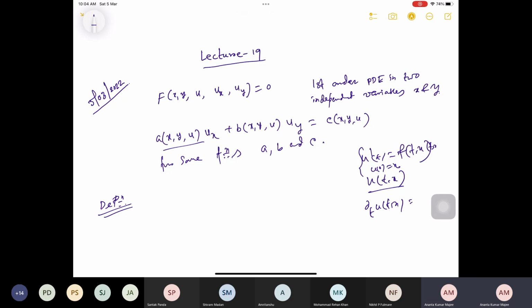So what do you mean by the solution? I say that the PDE, which I denote by a star, is well posed. What do you mean by that? The first condition is that it has a solution. Second, the solution should be unique.